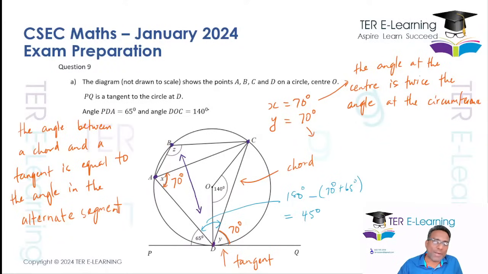When you add up opposite angles in a cyclic quadrilateral, you should get 180. So therefore, to get angle Z, it's going to be 180 degrees minus 45 degrees, and you're going to get 135. So yes, you guys who worked it out, 135 is the correct answer.